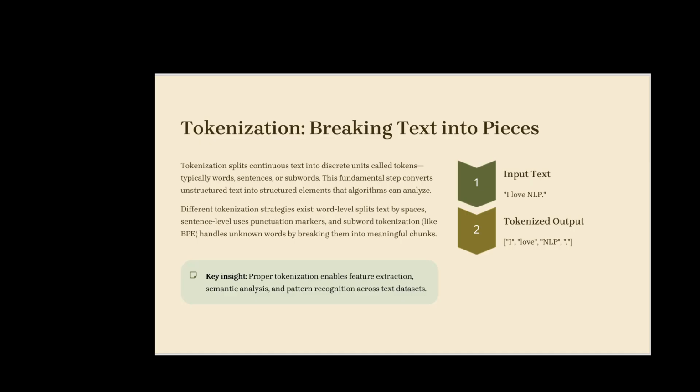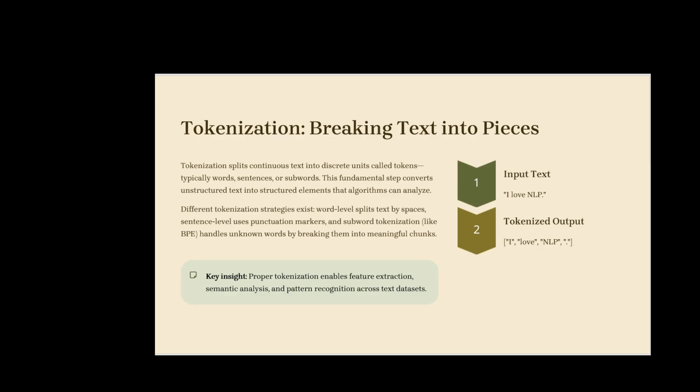And now you are splitting the sentences into words and then words into subwords and subwords into characters and so on. Whenever we are breaking text into smaller chunks, smaller tokens, it is referred to as tokenization, where tokenization in fact enables feature extraction, semantic analysis, and pattern recognition across datasets.